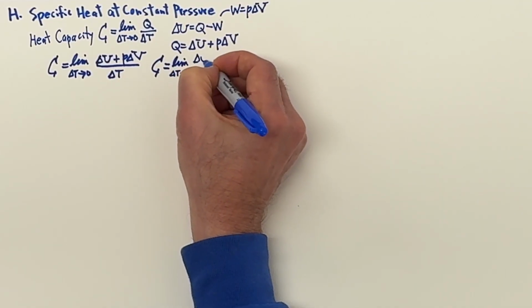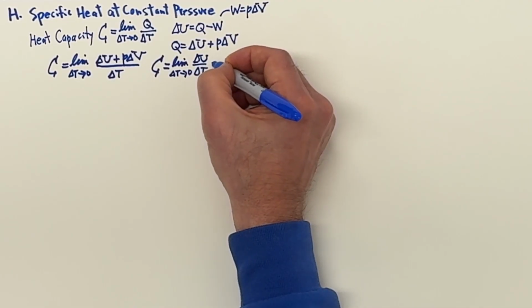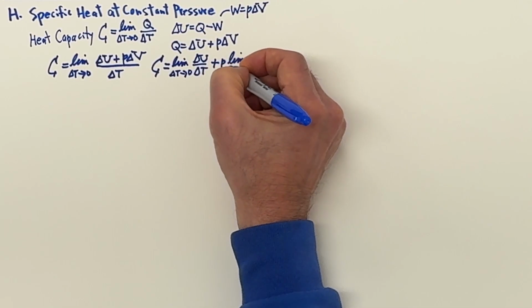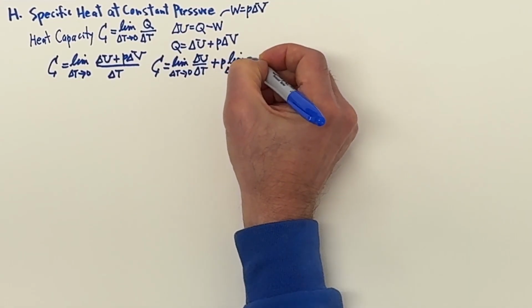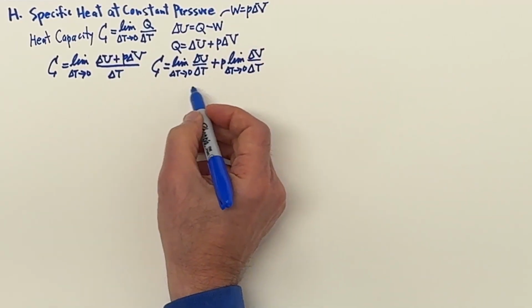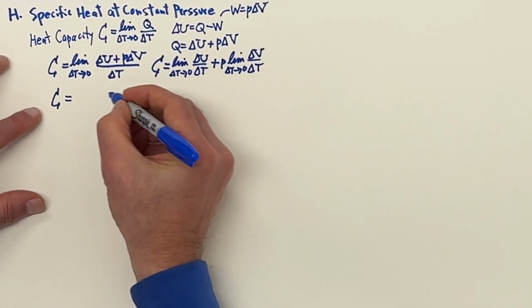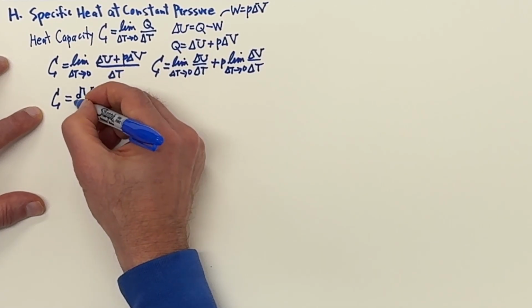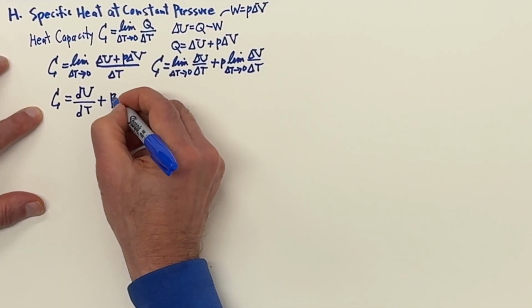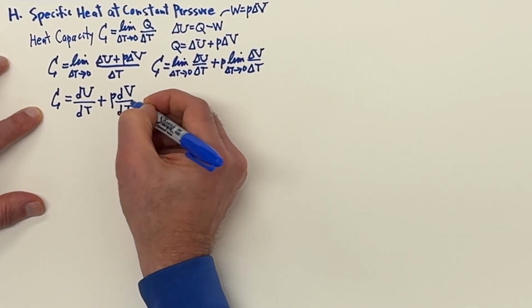First term is delta U over delta T in the limit as delta T goes to 0. And the second term is P times the limit delta T goes to 0 of delta V over delta T. And now we have two good derivatives. So we could then write C as the derivative of the energy with respect to the temperature plus pressure times the derivative of the volume with respect to the temperature.